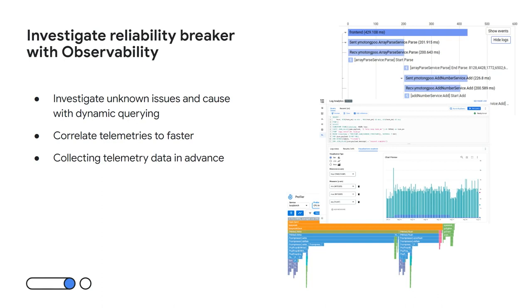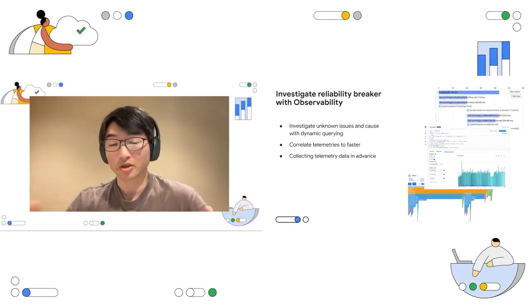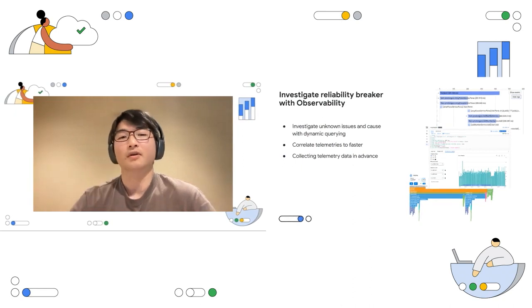Including SLI, that information is not available without instrumentation. That is the reason why we emphasize observability. Typical system monitoring doesn't tell the resource usage of a certain function in the application, because the operating system does not know the internals of the application. So you need to instrument such telemetry generators by yourself.